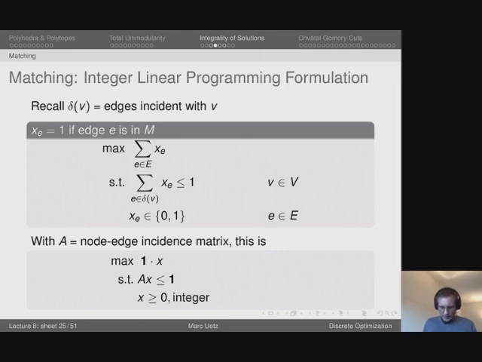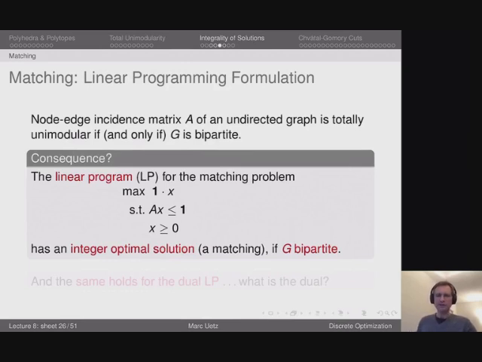Okay, so what we know now is that in this formulation of the problem, we are interested in integer valued solutions, and we know that this constraint matrix A is totally unimodular if and only if the graph is bipartite. So what does this give us? Well, we can drop the integrality constraints for bipartite graphs. If I just write down the corresponding linear programming problem, that's the same problem that we had before, only with the integrality constraints dropped, right?